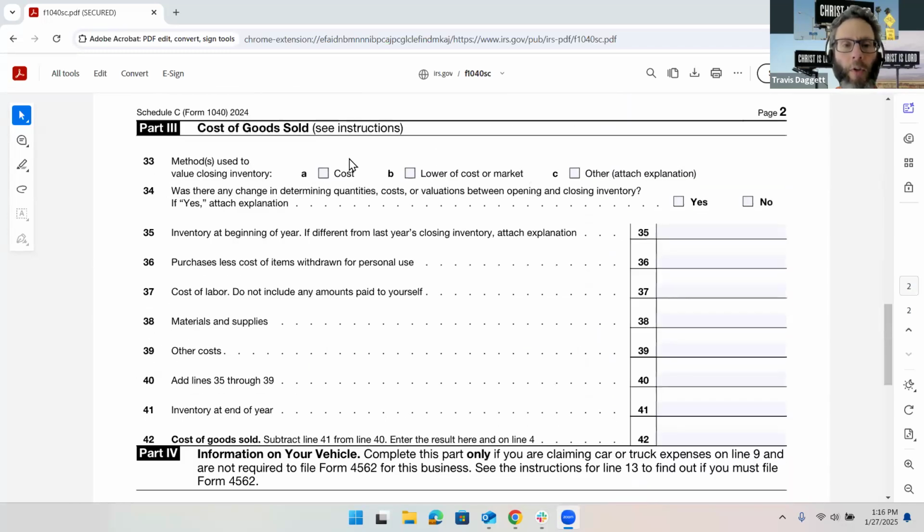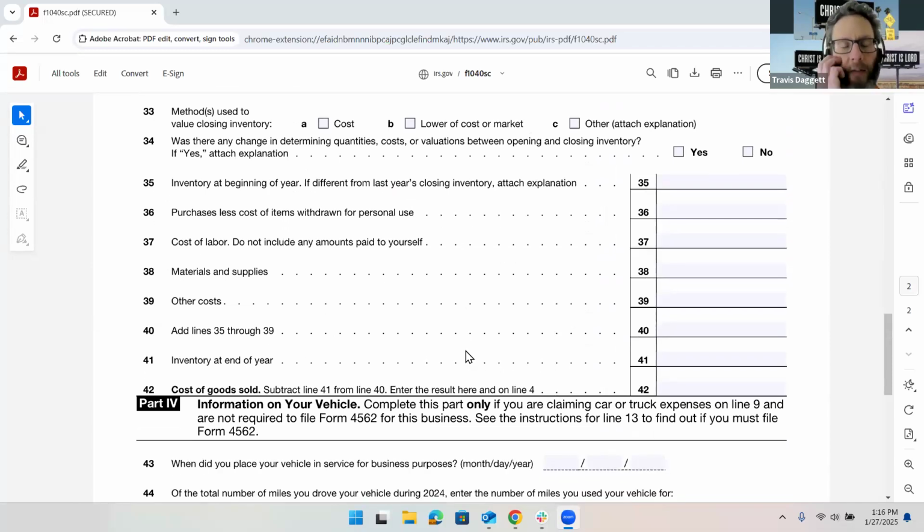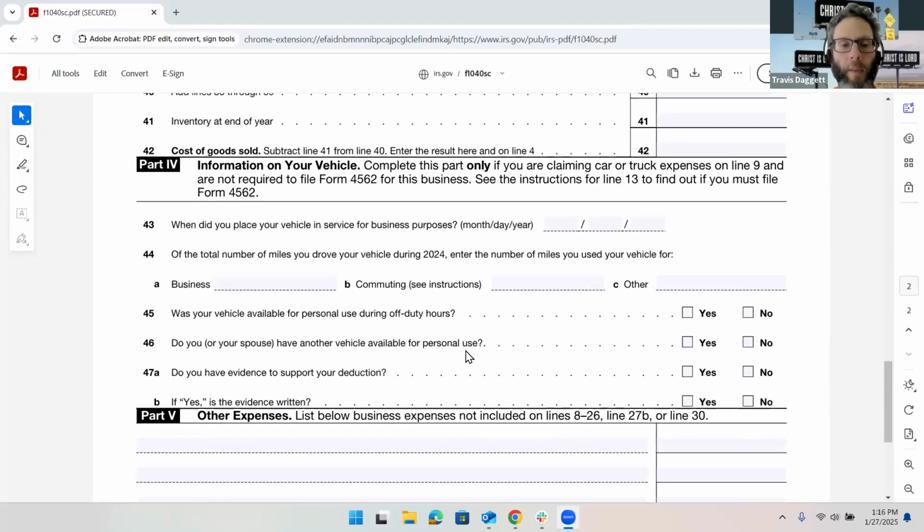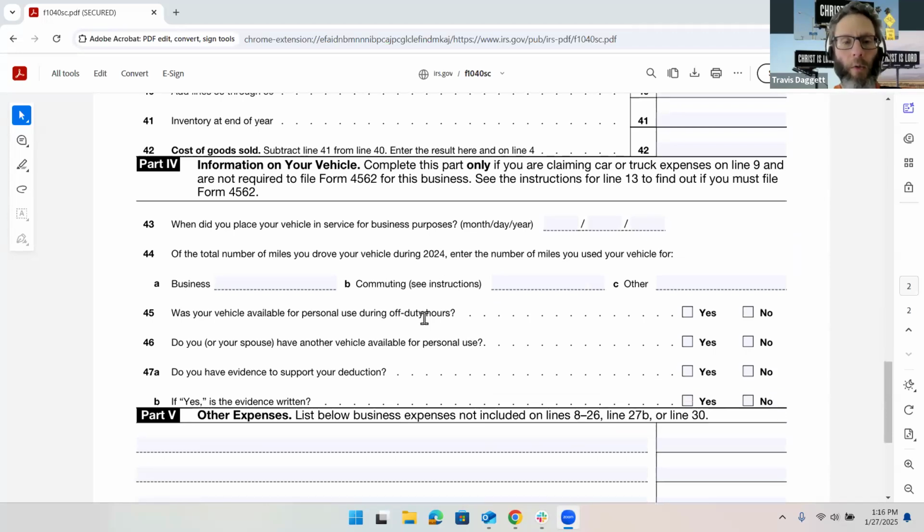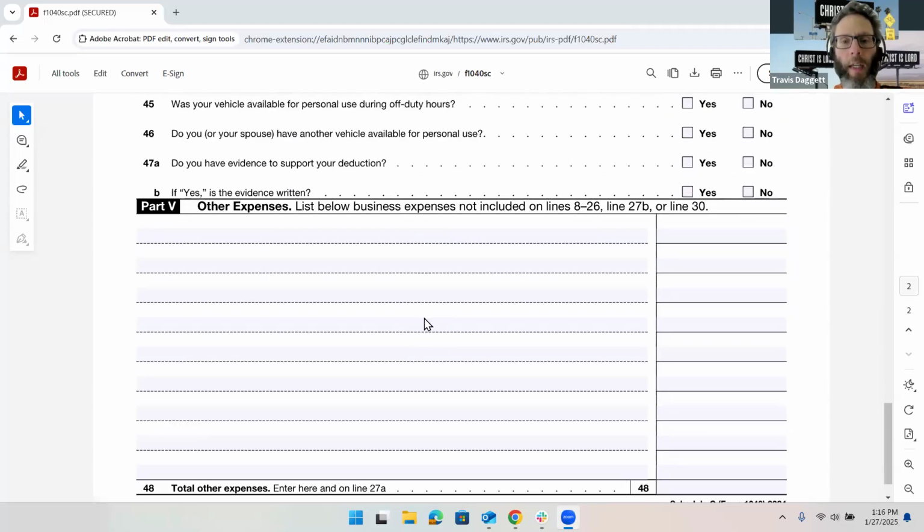And here's for tracking cost of goods sold and inventory. You don't have to do that for most people besides their business. And it's probably not worth it for you to do that here. There's some more questions about the vehicle specifically, and you can list your own expenses and business categories.